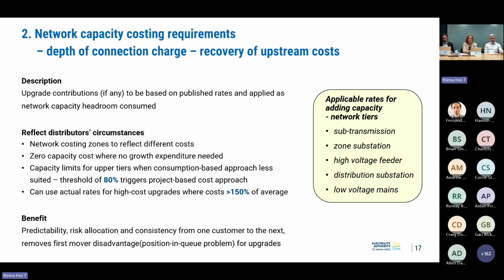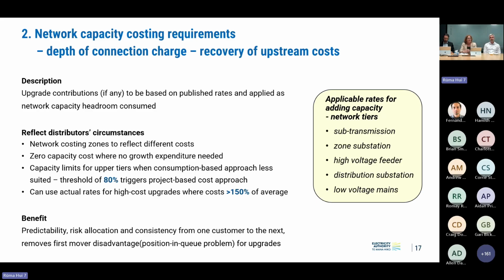The proposal includes some features so distributors can tailor the application of this methodology to their individual circumstances. These features include a distributor able to have different rates across different parts of the network, the provision for distributors to have 0 rates where there is no foreseeable need to increase capacity within their network planning horizon.